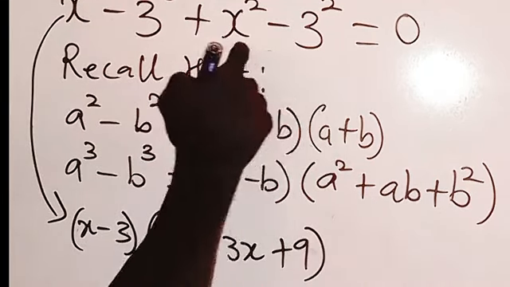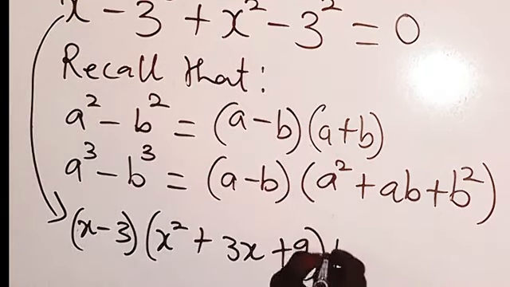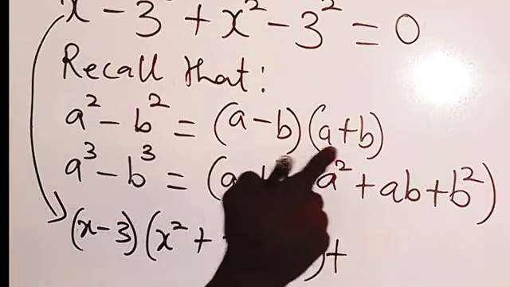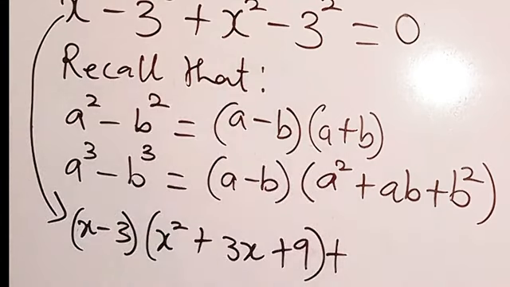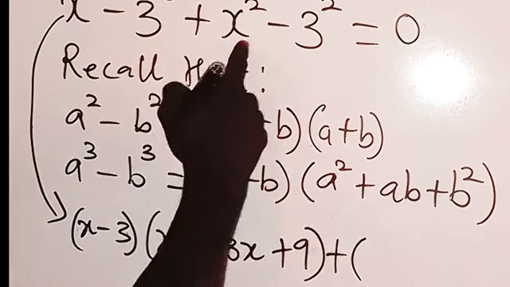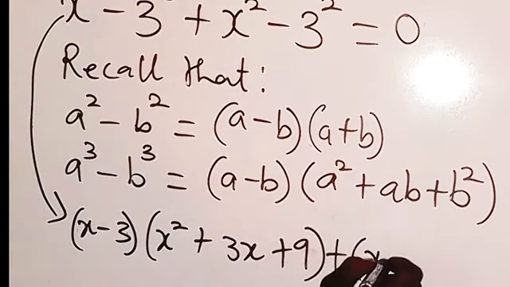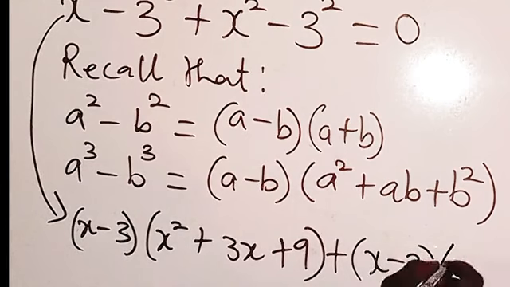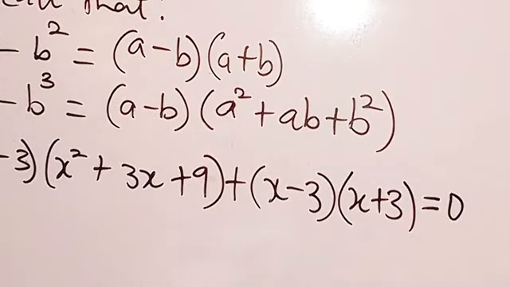For this one here, which is a difference of two squares, this is going to be x minus 3, then x plus 3, then everything equals 0.